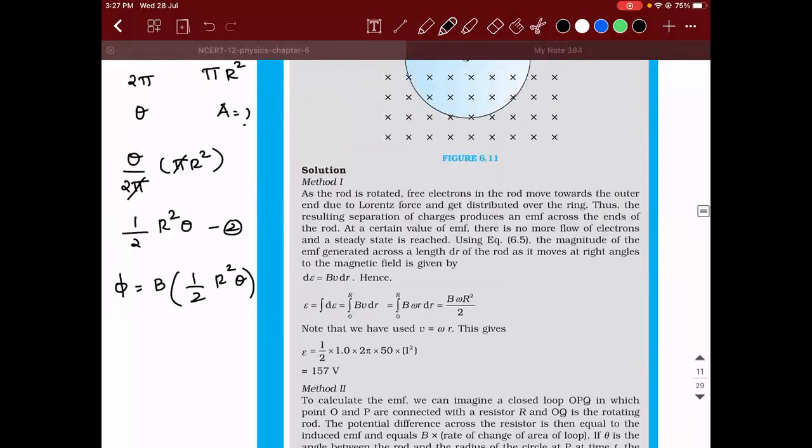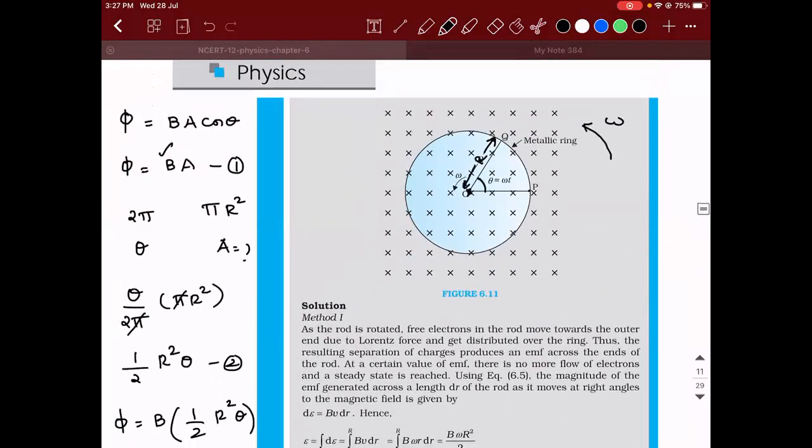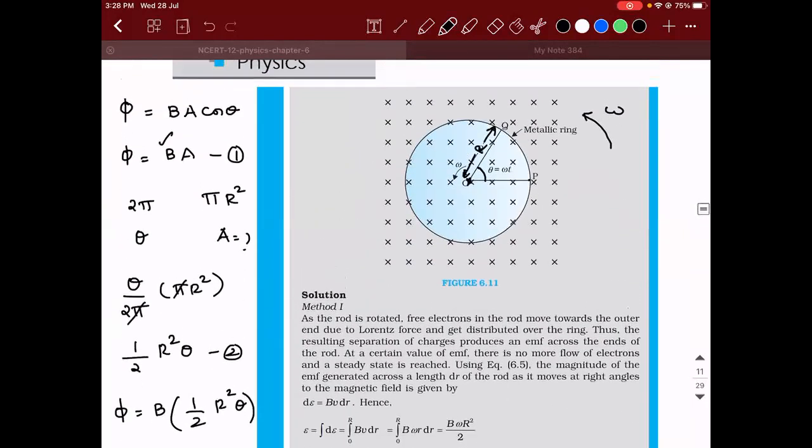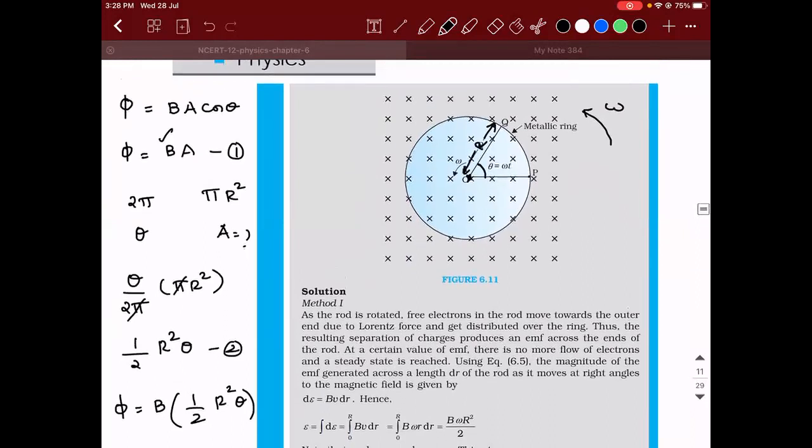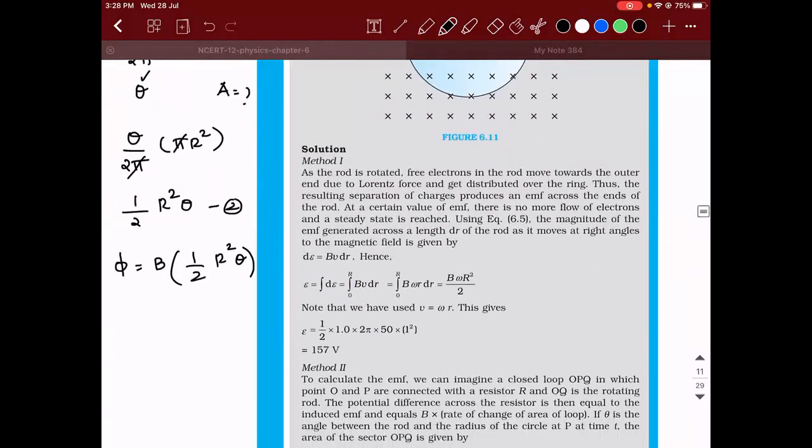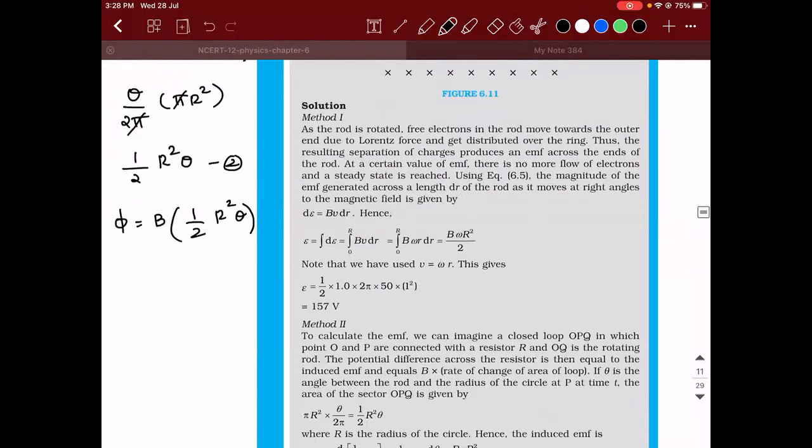Then, one thing to be kept in your mind is this theta is different from this theta. So I will take this as alpha. Half r square theta. Differentiating both the sides, you get d phi by dt is equal to B by 2 into r square into d theta divided by dt. So what is d phi divided by dt?